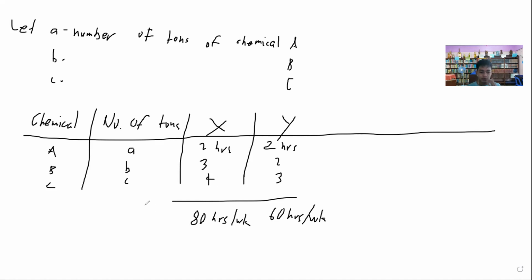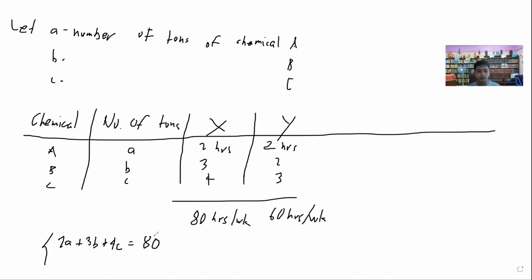Okay? So, pag gagawin natin siya ng equation, so yung kada ton ay 2 hours. So, 2A. Then, ito ay 3 times 4. So, 2A plus 3B plus 4C is 80.